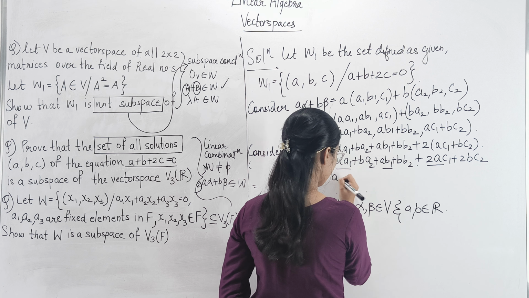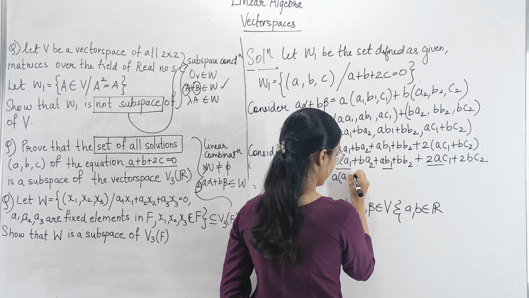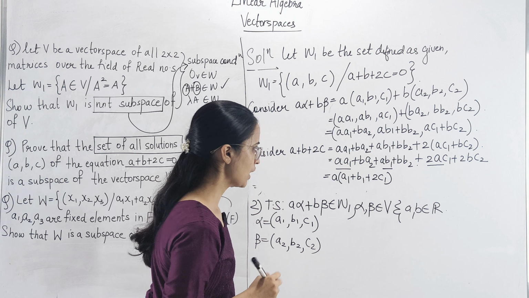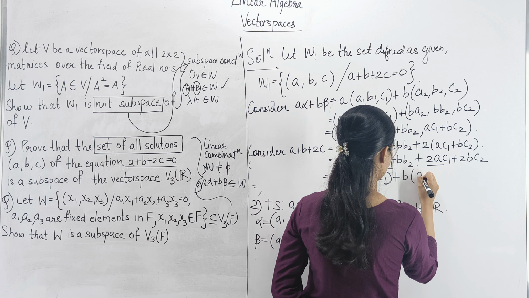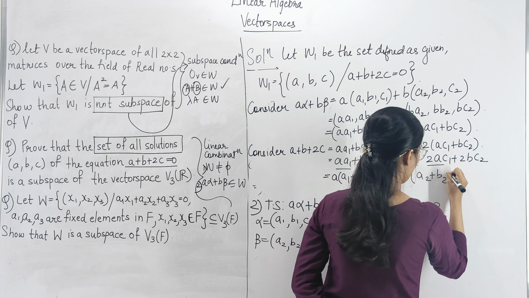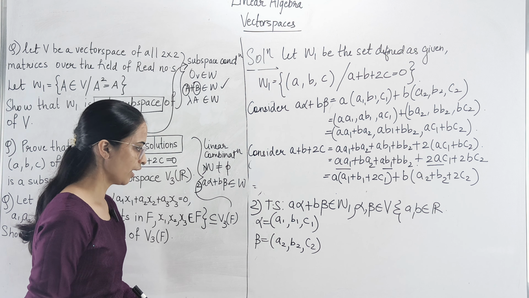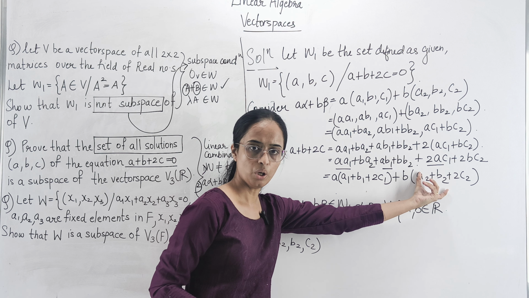So I would take a common from here, so in between it will go A1 plus B1 plus 2C1. Okay. Now similarly the remaining three terms I would be taking b common to get A2 plus B2 plus 2C2. Now I want you to observe, I did get a into alpha plus b into beta.